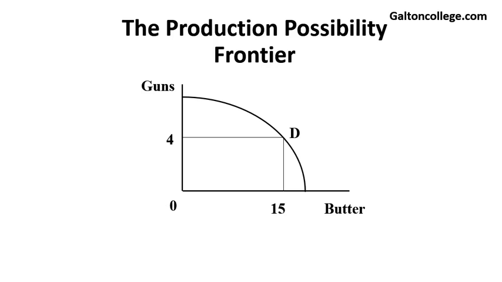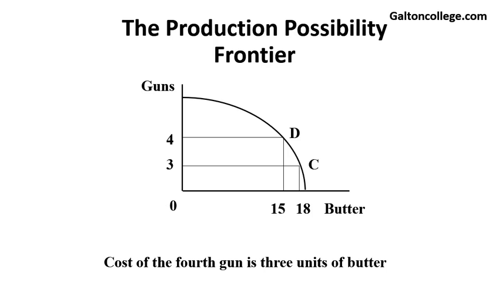So let's say we're at the point D and we produce 4 guns and 15 units of butter. Now, if we were to move to point C, and C is fewer guns, but we get more butter, we might prefer that. So whatever the reason is, we shift.